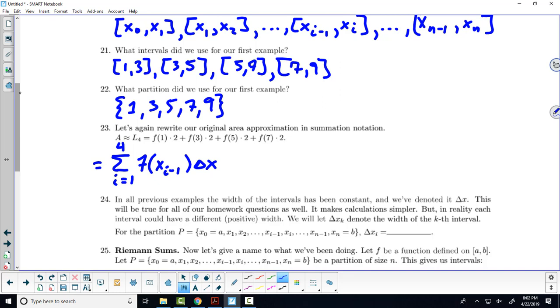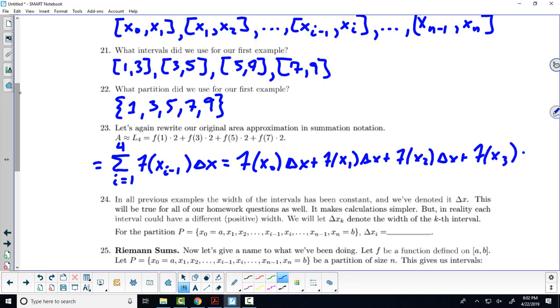Well, this still stops at 4, but then I do 4 minus 1, and so the last value here is the x3 value. So if we expanded this summation notation, it would be f of x0 delta x plus f of x1 delta x plus f of x2 delta x plus f of x3 delta x, where this last f of x3 came from when n was 4, or when the counter was 4, we had 4 minus 1. Does that make sense?